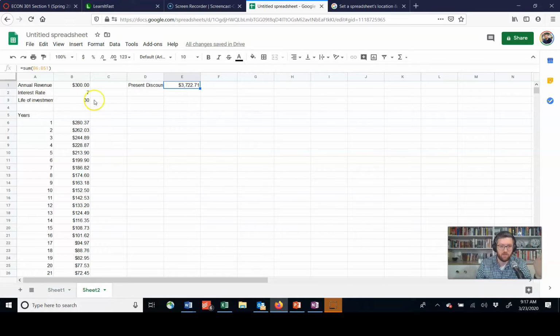So that's the present value of it. Instead, if the interest rate is really low, say only 2, now this investment actually makes sense, okay? The interest rate is so low that if I took my $6,000, I don't earn very much from it, and investing it in solar panels to get $300 a year turns out to be a good investment in this case.